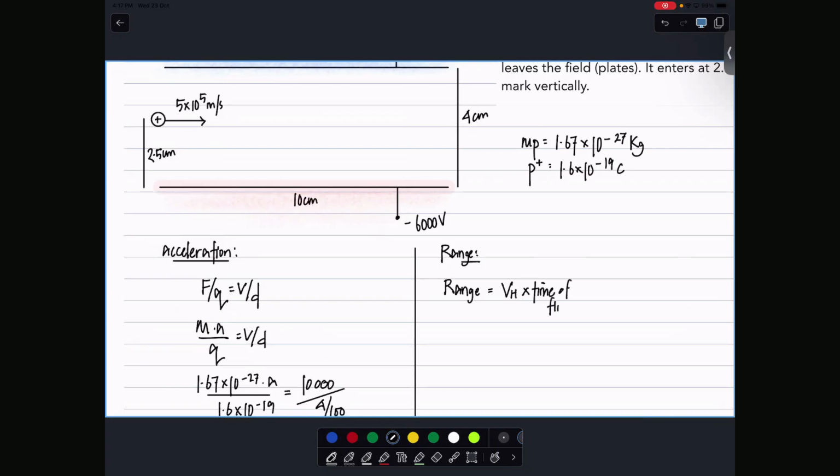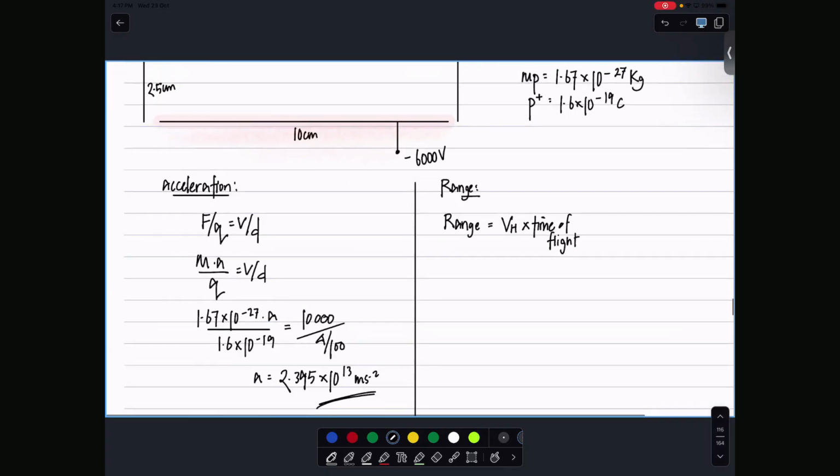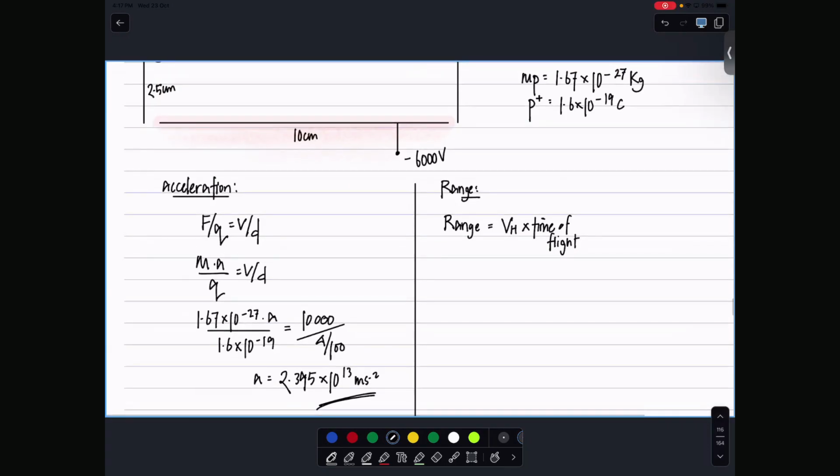The time taken for the particle to hit the plate, right? How do you find that time? Right. Firstly we need to find time. S equals ut plus half at square.